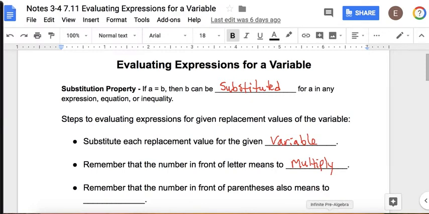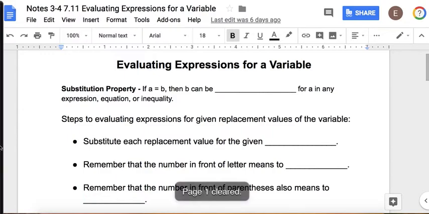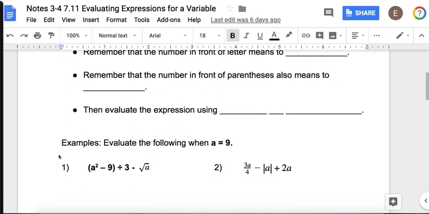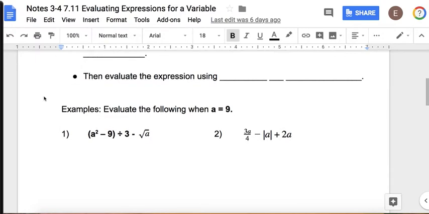Remember that the number in front of parentheses also means to multiply. Then evaluate the expression using order of operations.